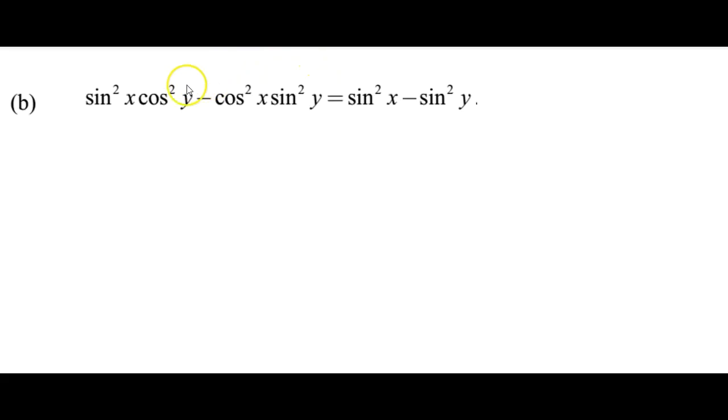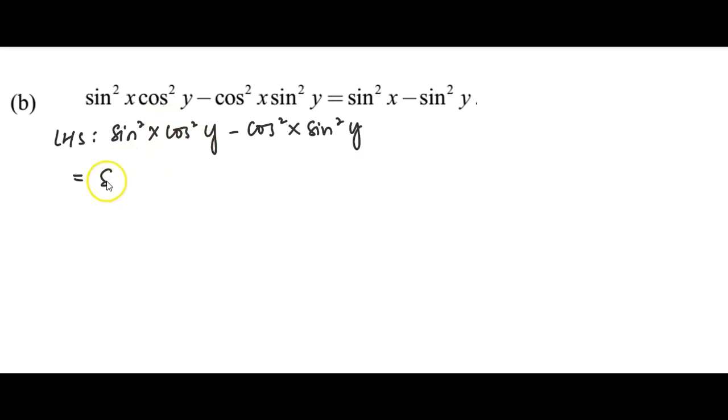For this example, I look at the left hand side, there is more information compared to the right hand side. So again, I start from the left hand side. What I can see is that the left hand side contains sine and cos, and the right hand side contains only sine. So I decided to change all the cos in terms of sine.